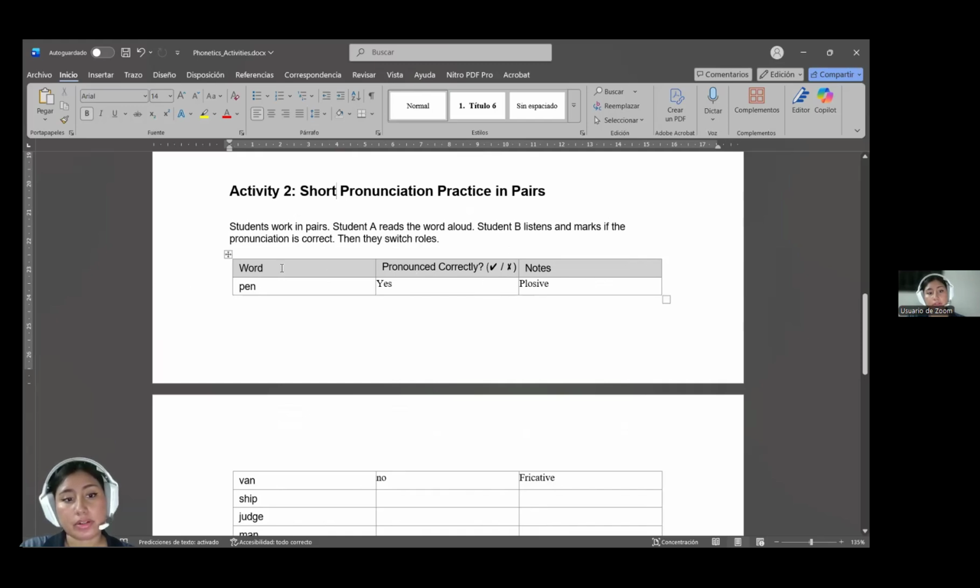For example, here we have the word pen. If your partner pronounces it correctly, you're going to write yes, and if not, no.